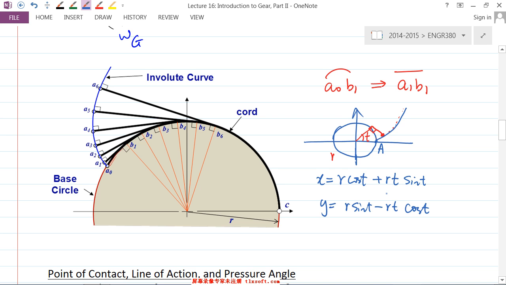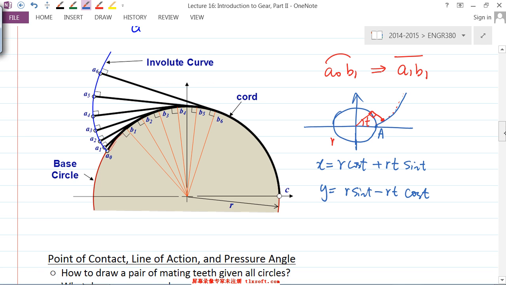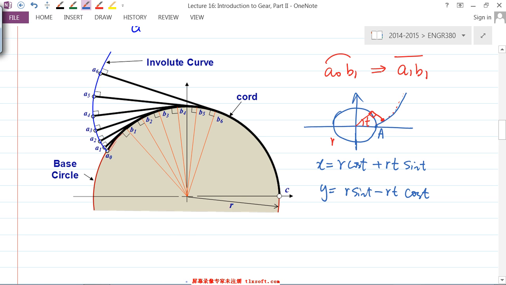So based on this equation, we can actually extend our knowledge a bit more here. Let's say I want my involute curve to start from here, from this B location. Then what will be the parametric equation for our involute curve starting at the B location? What's the difference now between A and B?